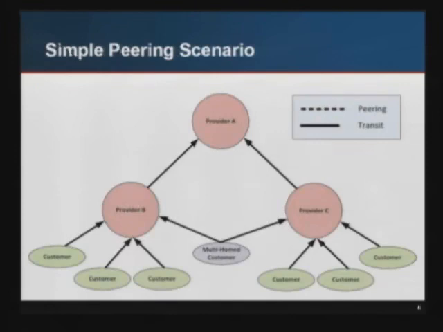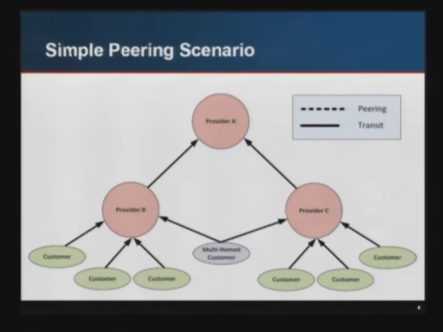So here's a really simple peering scenario. You've got a couple of providers. Provider B and C here don't talk to each other. They both buy from provider A, and they both have customers, and they have some number of customers that connect to each one independently. There's some number of customers that buy from both.